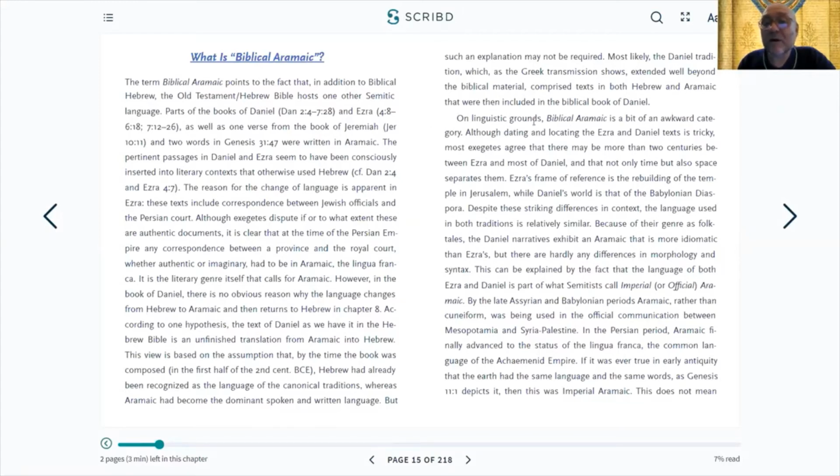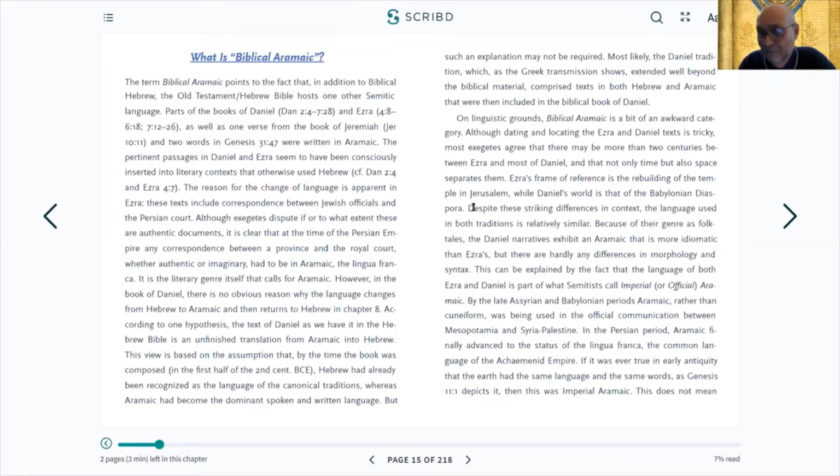On linguistic grounds, biblical Aramaic is a bit of an awkward category. Although dating and locating the Ezra and Daniel texts is tricky, most exegetes agree that there may be more than 2 centuries between Ezra and most of Daniel, that not only time but also space separates them. Ezra's frame of reference is the rebuilding of the temple in Jerusalem, while Daniel's world is that of the Babylonian diaspora. That would refer to the 70 years, remember, that the Jews were carried away into Babylon.